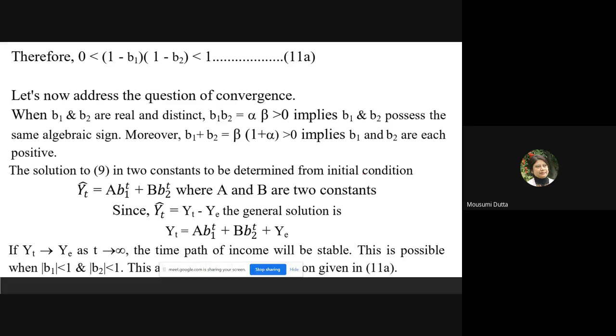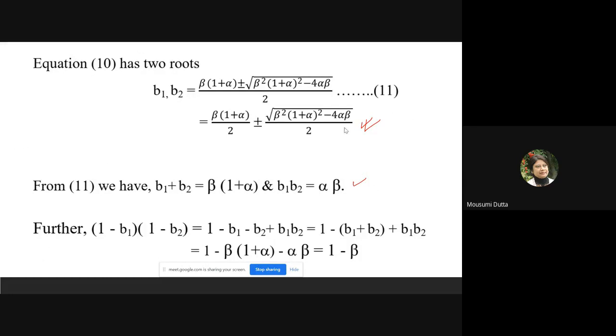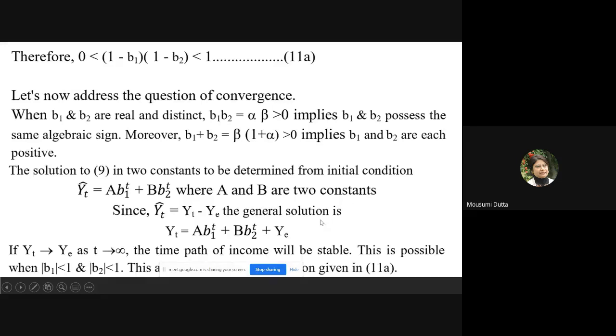So when B1 and B2 are real and distinct, B1 into B2, which is equal to alpha beta, is greater than 0. When both the roots are real, then their product is greater than 0. Their product in this case is alpha into beta. Therefore, it is greater than 0. This implies B1 and B2 possess the same algebraic sign.